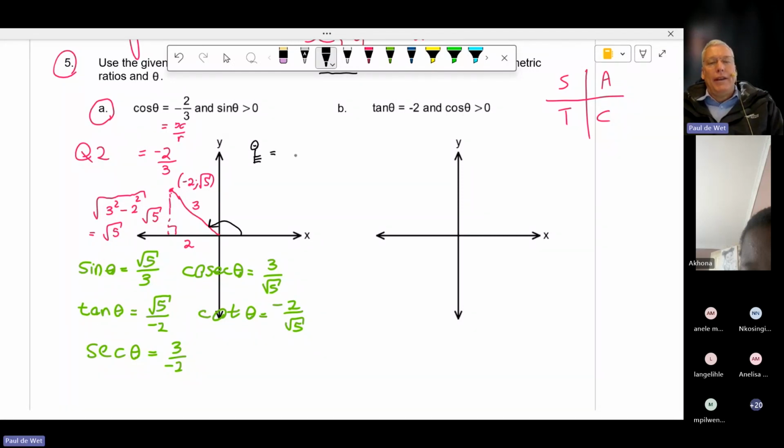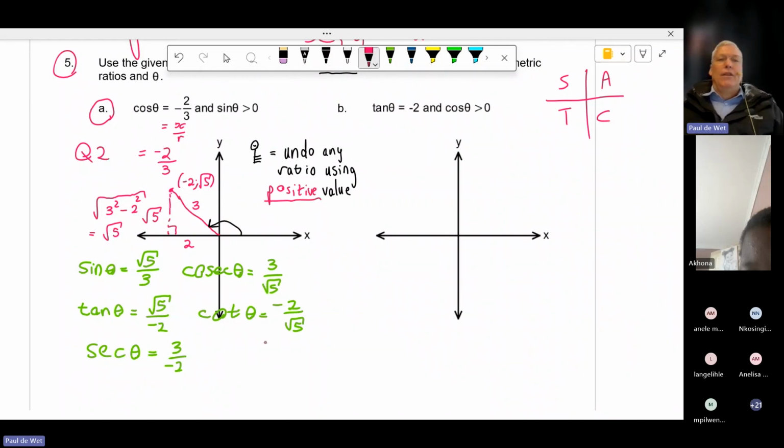Okay. And the way I find a key angle is I undo the ratio, any ratio. I undo any of the ratios using the positive value. The reason I haven't written the word positive, I'm going to change pen color. I want to write it in red. You might not be able to write it in red, but I want you to underline it. We put the positive value in.